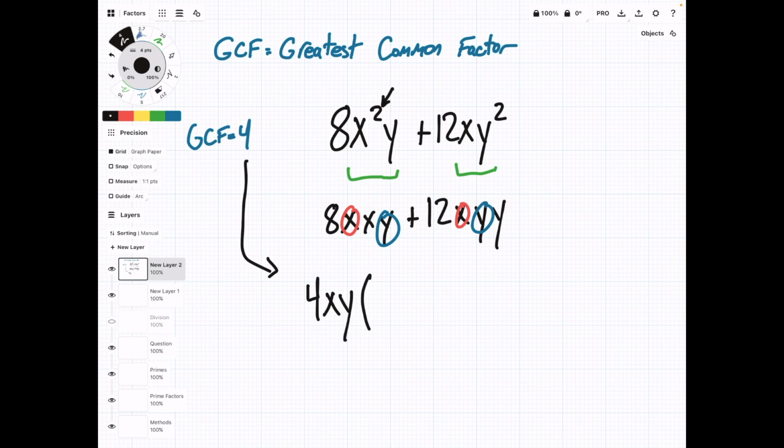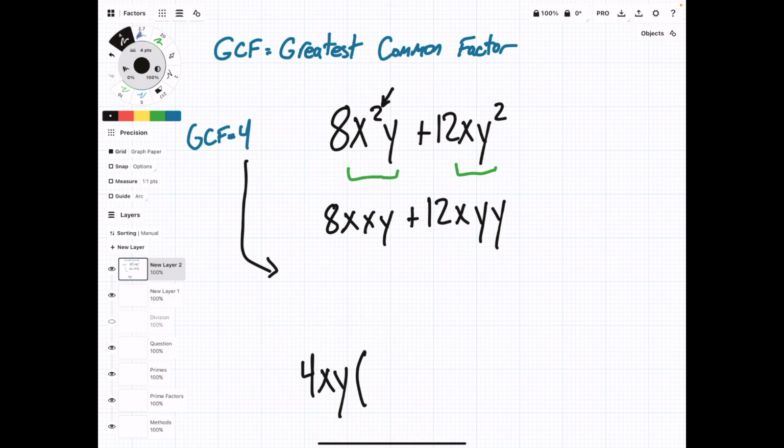Now what we can do is divide. See if I can get rid of some of these circles because they're in the way. We're going to divide each of these monomials by the thing we have up front. So 4xy, then 12xyy over 4xy.